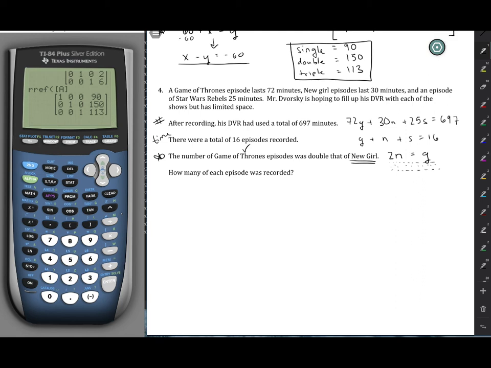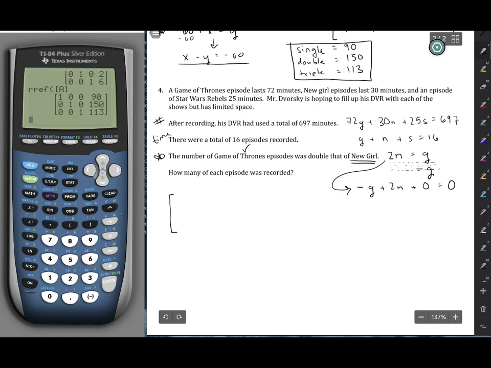Now, in order to set up our equation, I'm going to need to subtract G to get it on the same side, and that just means this equation would be negative G plus 2N plus 0 equals 0. Don't be afraid. I know it looks funky, but that is going to be the equation for our matrix.